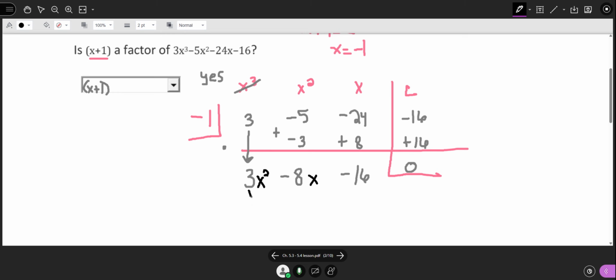So I'm going to actually factor this. 3 times 16 is 48. And this is type 4. So x minus big, x plus small.